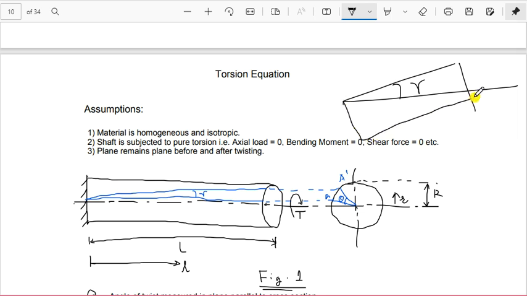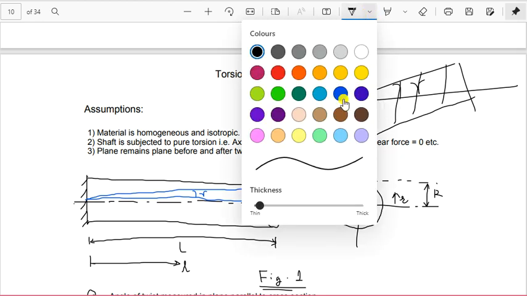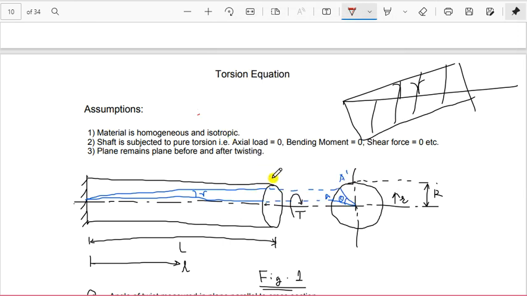The deformation in the plane, this complete plane is parallel to the longitudinal axis. If I would like to draw here, you can consider like this. Let us say this is the plane.